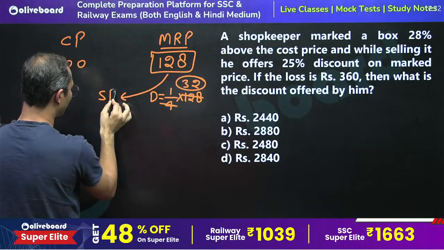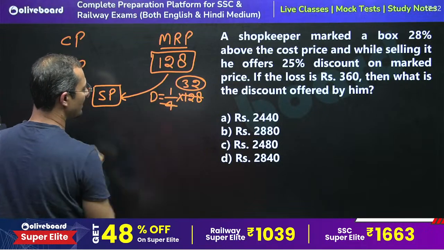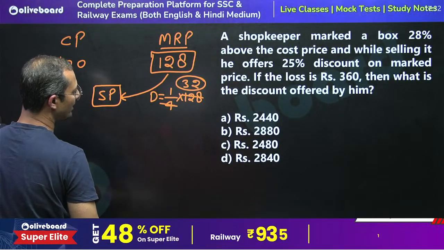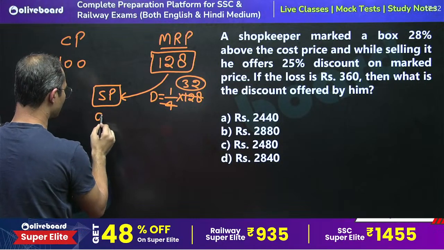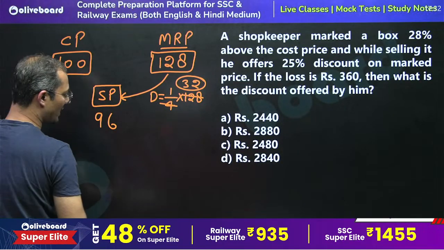In that case the selling price would be 128 minus 32, which is equal to 96, right? If the cost price is 100, selling price is 96.